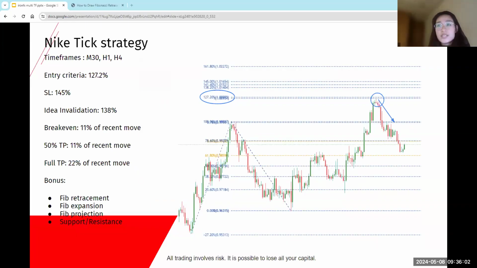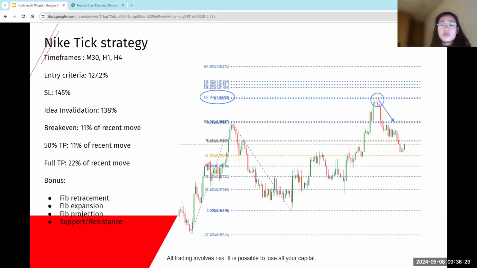Okay, so for your Nike tick strategy, these are the guidelines that we go by. It's not super strict. Again, apply it according to your charts, but this is just a basic guideline. The time frames we use this on are the shorter side: M30, H1, and H4.